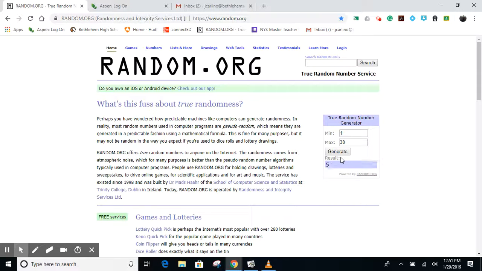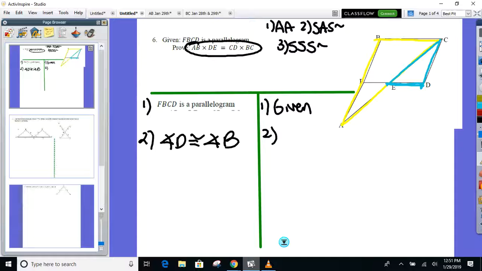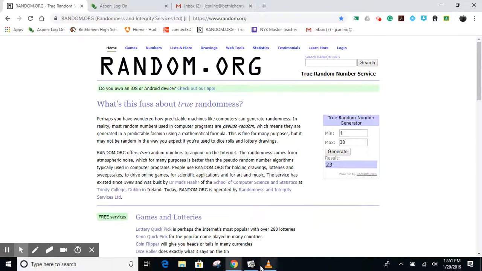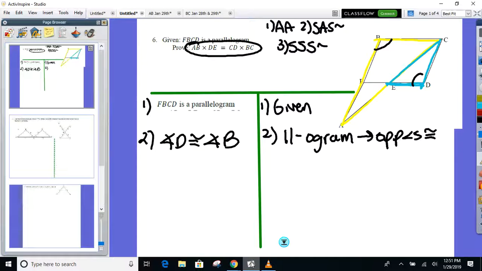D and B are congruent because they're opposite angles in a parallelogram, and since we know our properties, we know they're congruent. D, B congruent. All right, I still need one more pair before they're similar. Any other angles?